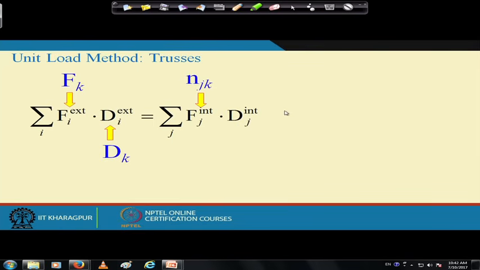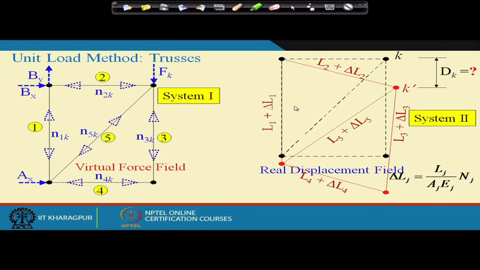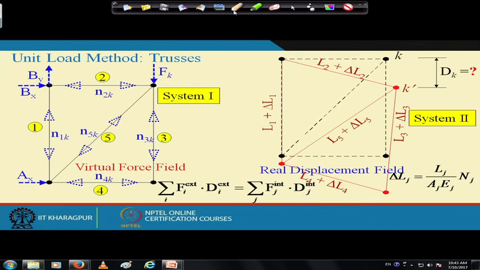Let us quickly see the unit load method. Suppose this is the structure and we want to find the displacement in a particular direction. We have to apply a virtual force of 1 unit load in that direction.